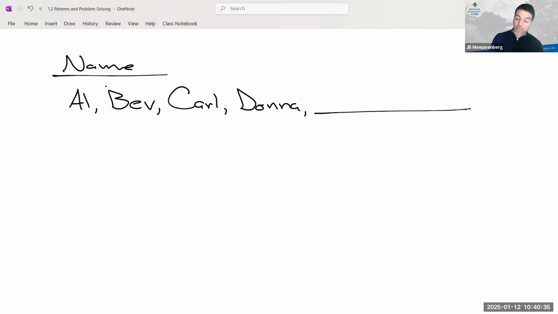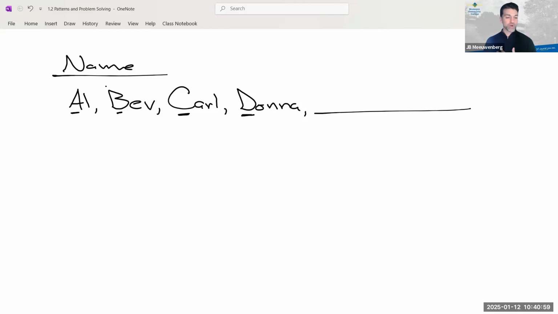I'll keep going. So as you looked at this, the first time I saw this pattern, the thing that jumped out to me was the first letter in the names: A, B, C, and D. That was the first thing I observed.